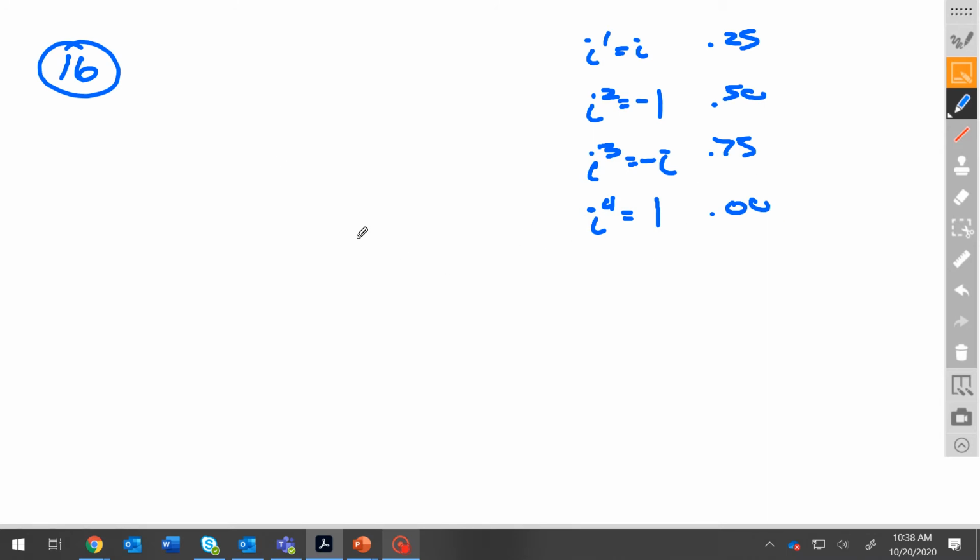So for 16, I have i to the 7th, which would be, if I divide 7 by 4, I would get 1.75. So 7 divided by 4 is 1.75, which we can see right here is the third one, so this reduces to negative i.